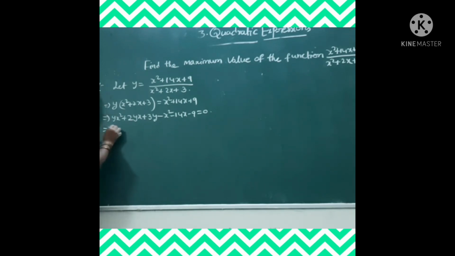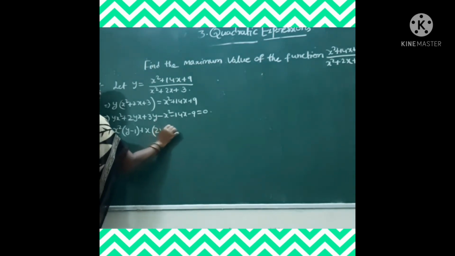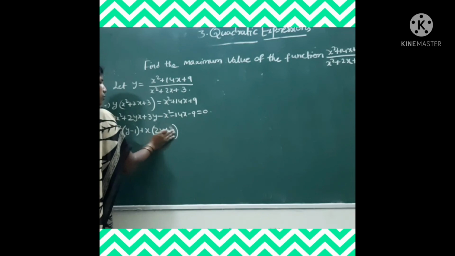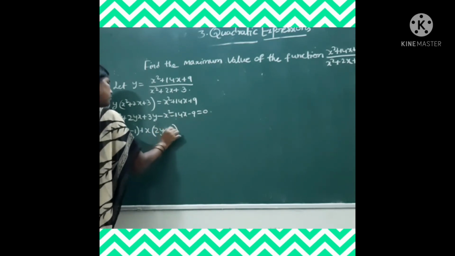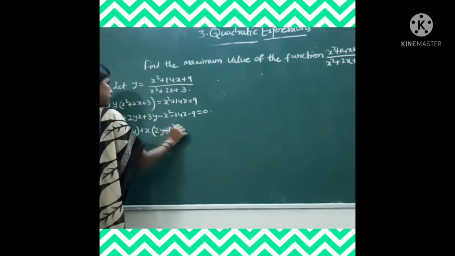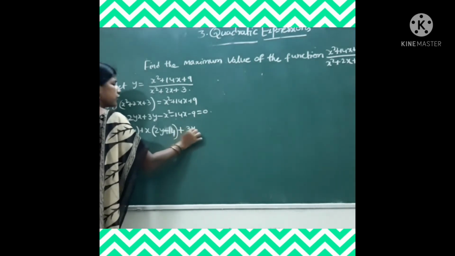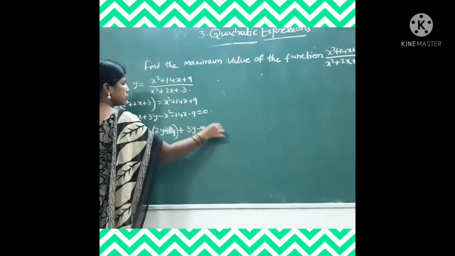Now x square comes with y minus 1, plus x common 2y plus 3, sorry, minus 2, x common 2y minus 14, plus 3y minus 9 is equal to 0.